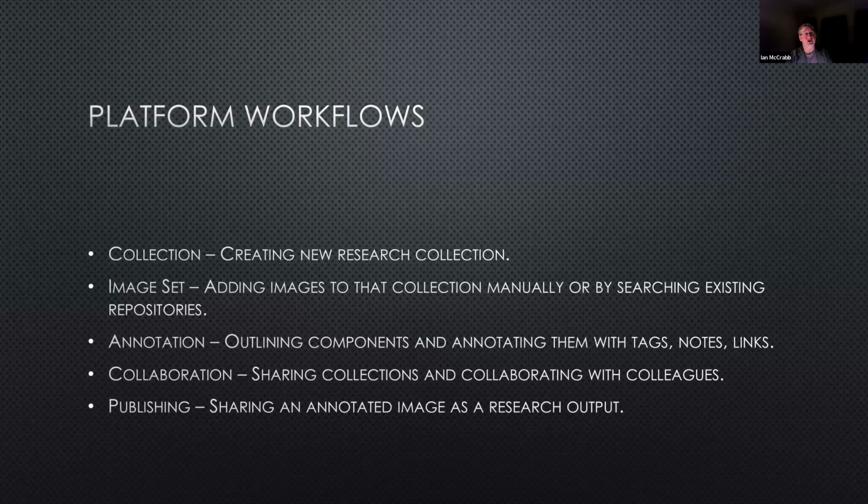The foundational workflows are to create a new research collection, to add images to that collection, either manually or by searching existing repositories. Then starting annotation, I can outline components and annotate them with tags or notes or links. Then there's a collaboration workflow for me to share collections and collaborate with colleagues. And then there's a publishing workflow to share the annotated image as a research output.